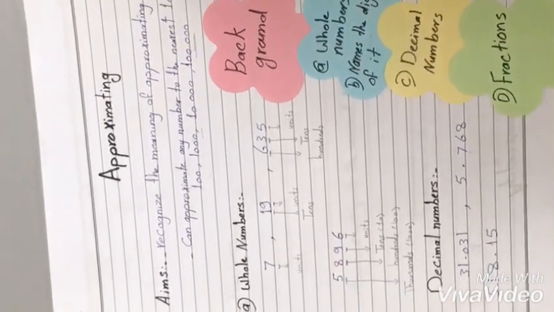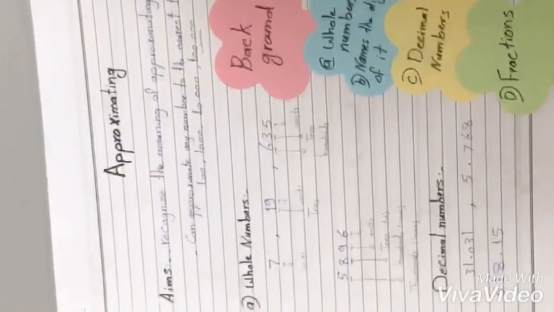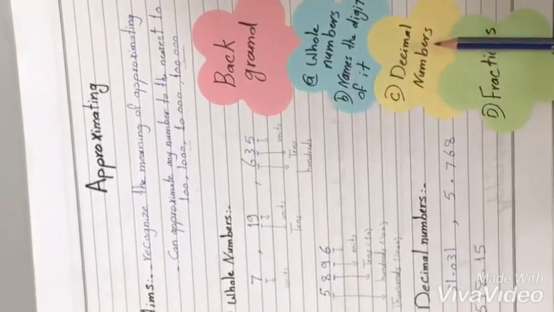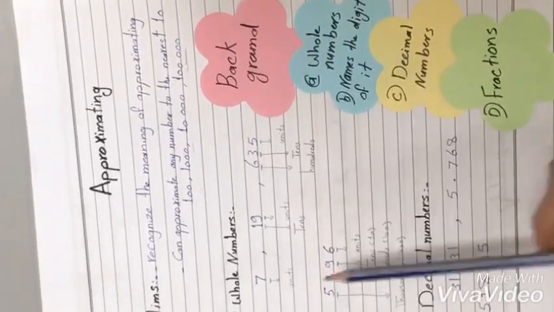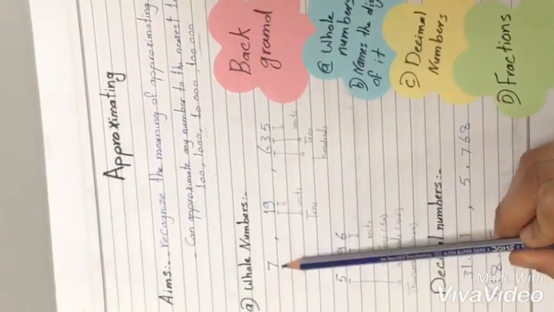Before we start our lesson, I want to refresh your mind and remember whole numbers, the names of their digits, decimal numbers and fractions. First, whole numbers like 7. 7 is a whole number, consists of one digit.